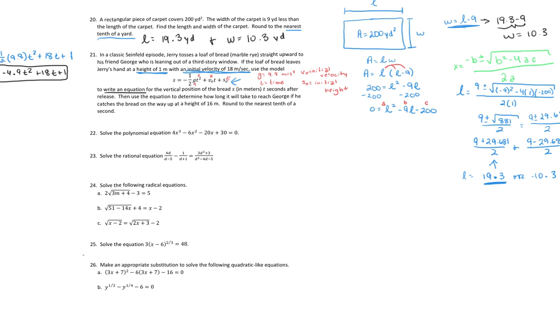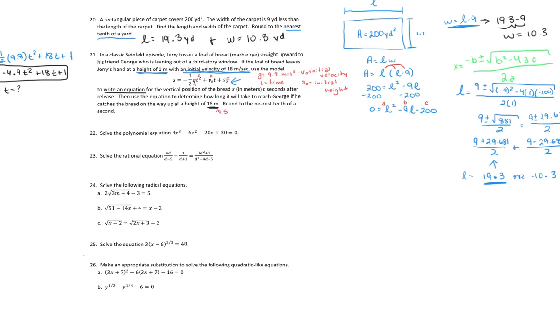Now it says that we want to use this equation we came up with to determine how long, so we want to know time, it will take to reach George if he catches the bread on the way up at a height of 16 meters. So he caught the bread at a height of 16 meters. So now we technically know S, right?